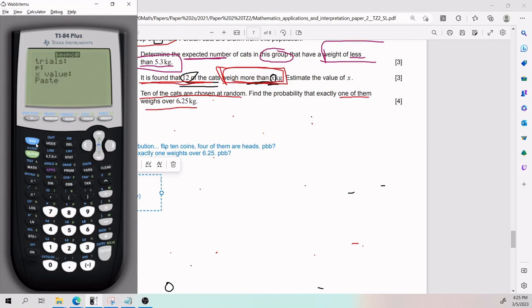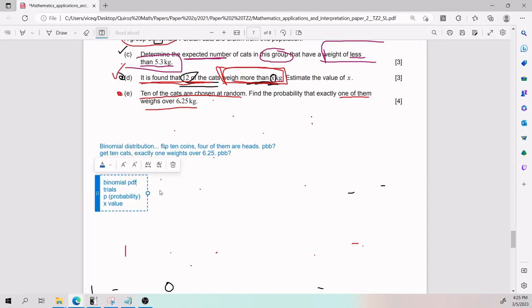All right, so this is unfortunately one of those things that you might have to memorize, but I'm sure if you play around with it or put in the same values, you can have intuition of what it's giving you. Binomial PDF and CDF ask for the same stuff. The thing is that in PDF, your X value is actually going to be telling you the probability of that exact amount.